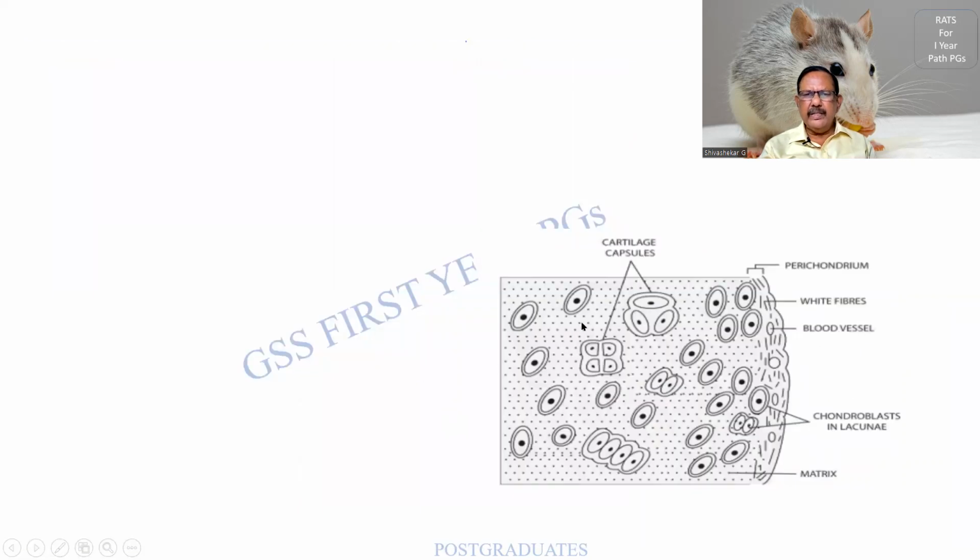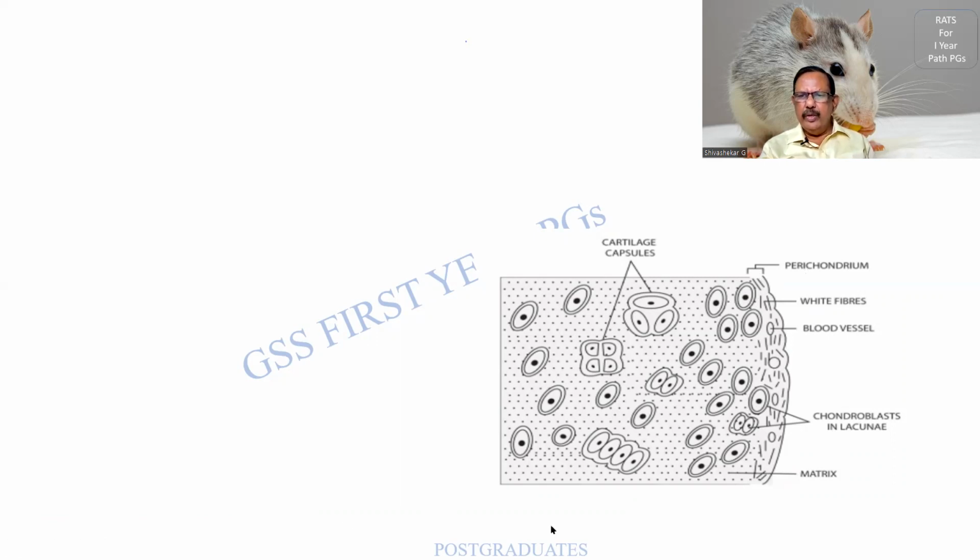Now this is a classical diagrammatic picture of the cartilage. The labels always matter. This is the perichondrium which is rimming the cartilage. Then there are some fibers which are supporting it. These large cells are chondroblasts. Chondroblast means immature, chondrocyte means mature.